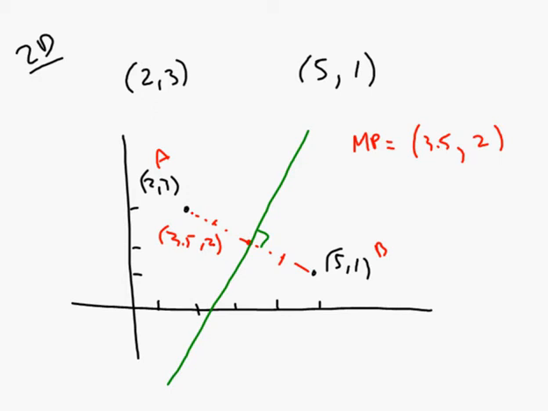Well, first off, we actually know the direction of this line, don't we? We know that this green line that I drew, this perpendicular bisector, is perpendicular to the line segment AB.